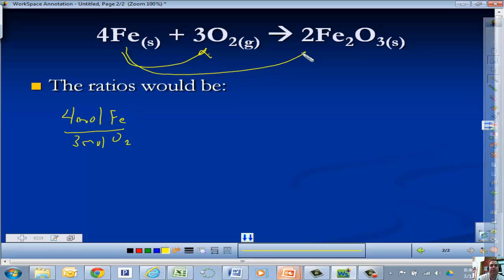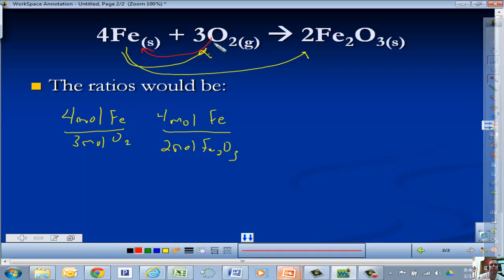I also got to take Fe and set it to the compound. So 4 moles of Fe to 2 moles of Fe2O3. Okay, so I got that one done. So now let's go to oxygen. So we're going to go oxygen there, oxygen there. So I get 3 moles of O2 to every 4 moles of Fe, and I get 3 moles of O2 to every 2 moles of Fe2O3.